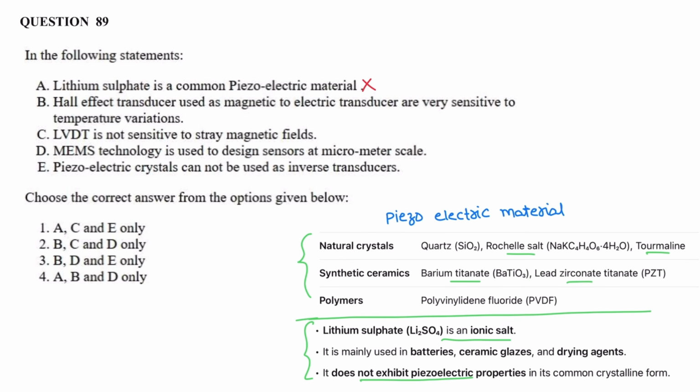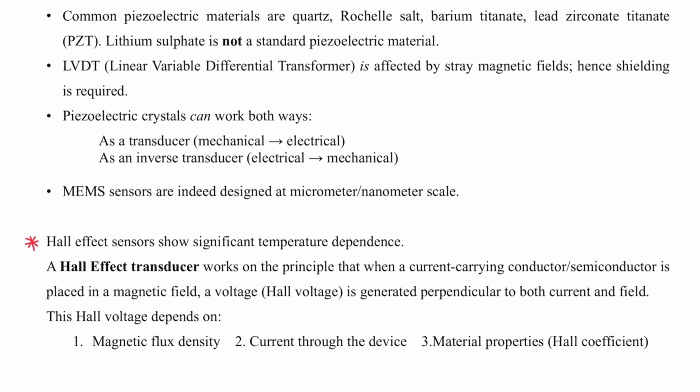Next, statement B. Hall effect transducer can be used as a magnetic to electric transducer and is very sensitive to temperature variations. Statement B is correct. Hall effect sensors show significant temperature dependence.